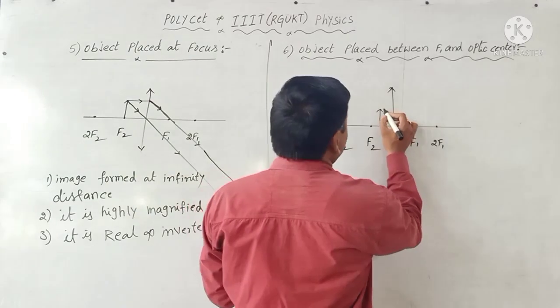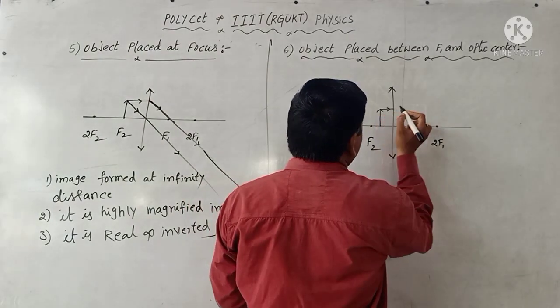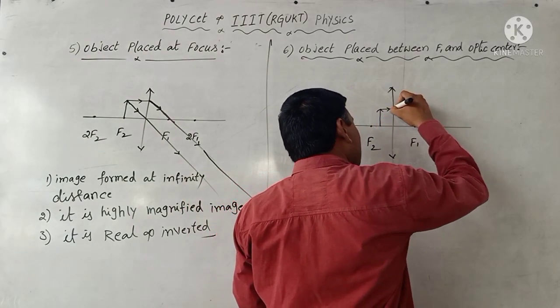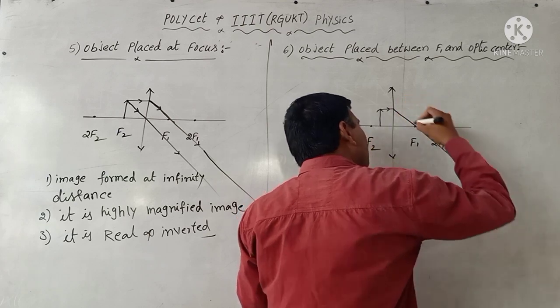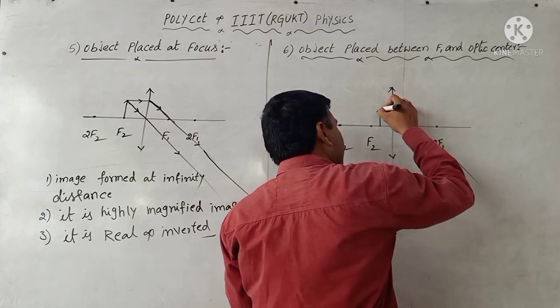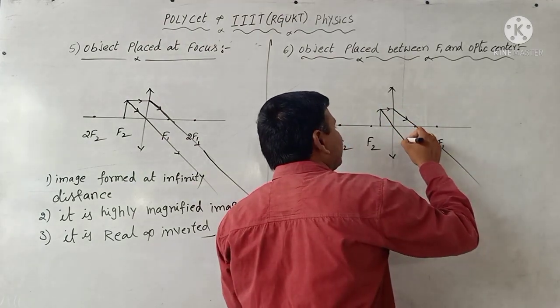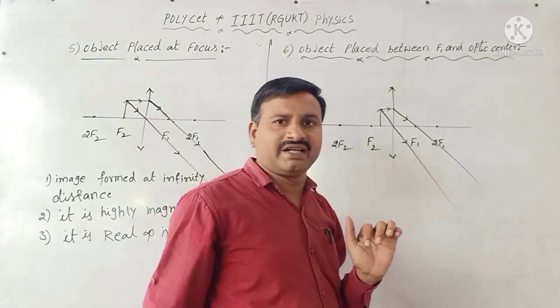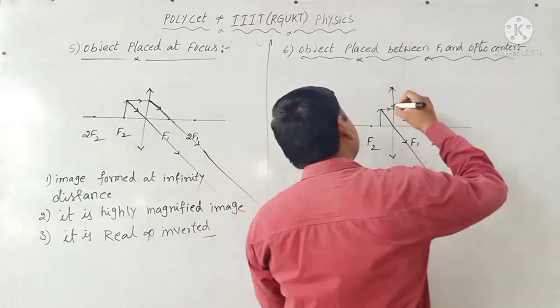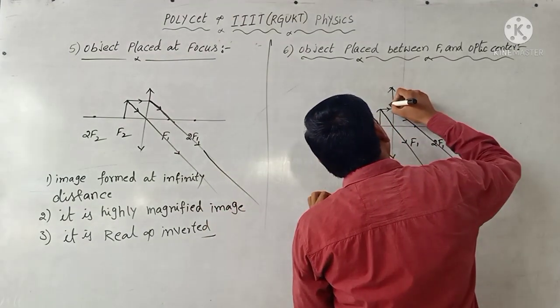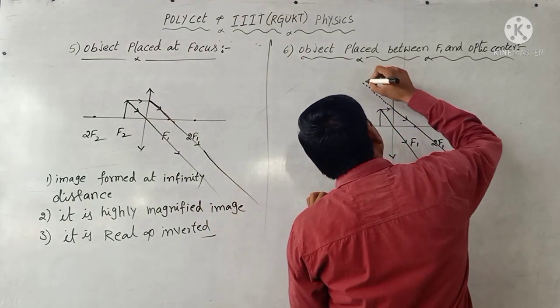A ray passing parallel to the principal axis, after refraction, passes through the focus. Second, a ray passing through the optic center is undeviated. Here we take the two light rays, which is very important.